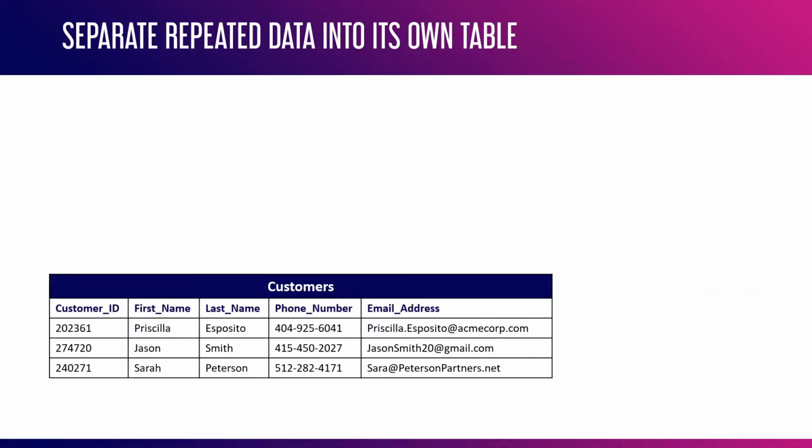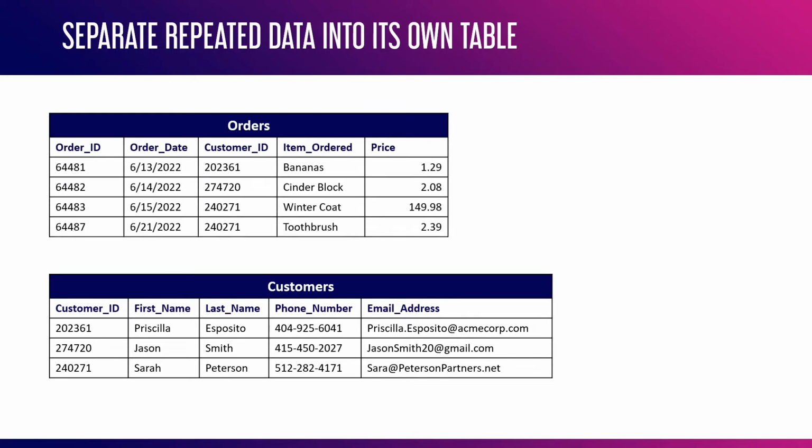A better approach is to store information that will be repeated in a separate table. Let's build a separate table of customers, and Sarah Peterson's name, phone number, and email address are all in there. And then a separate table for orders. And we can see that the order has a customer ID that corresponds to the customer table.